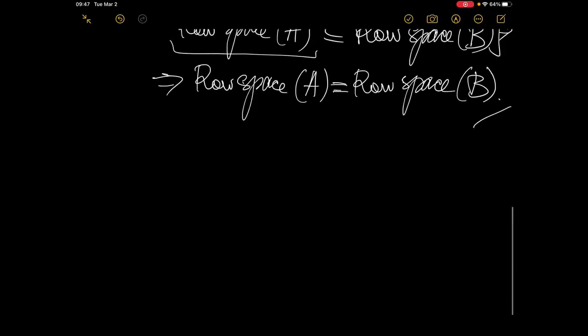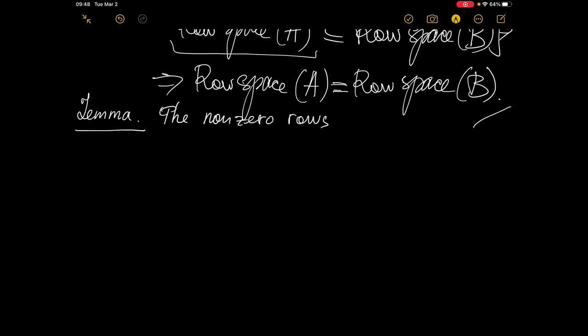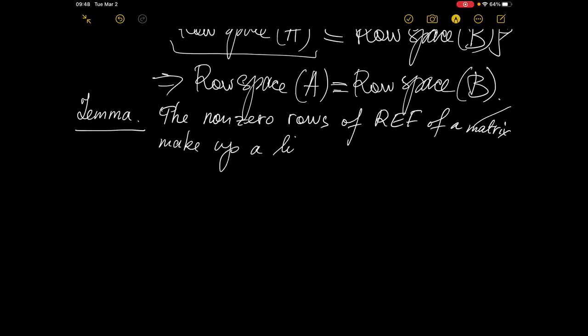So now, the next lemma. The non-zero rows of the row echelon form of a matrix make up a linearly independent set.